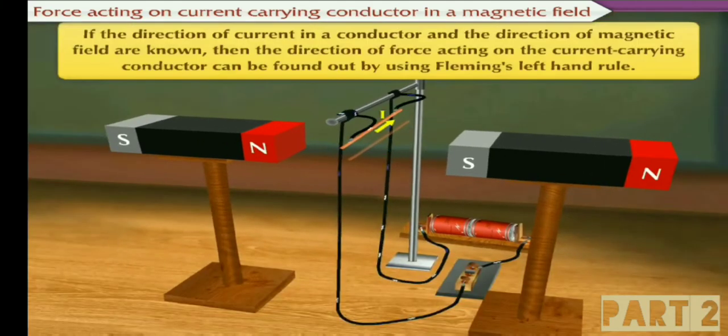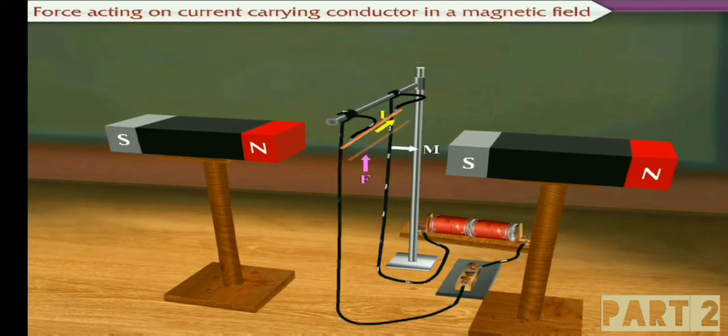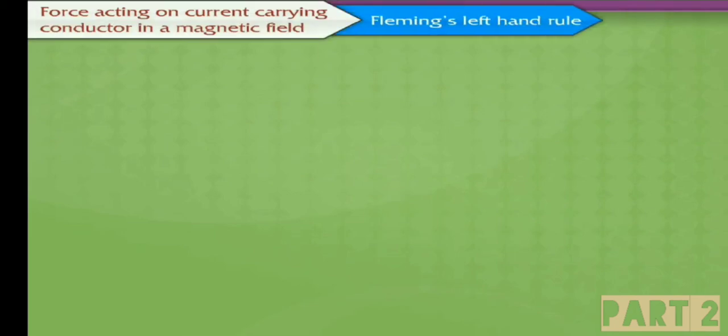If the direction of the current in a conductor and the direction of the magnetic field are known, then the direction of force acting on the current-carrying conductor can be found out by using Fleming's left-hand rule. Come, let us study this rule. Fleming's left-hand rule.